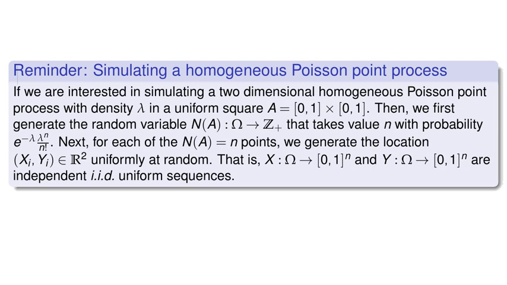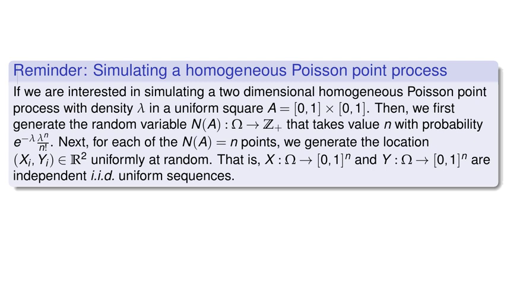The first step is to generate the random variable N of A, which represents the total number of points in the square. N of A will take a value n with probability e to the minus lambda times lambda to the n over n factorial. Since the area of A is 1, lambda of A is just lambda.